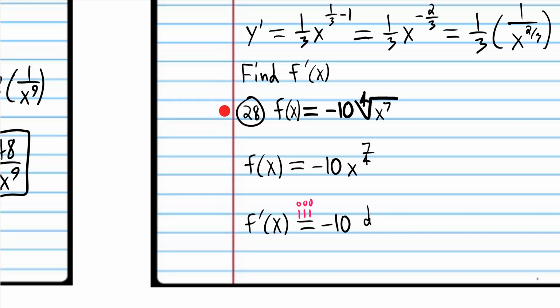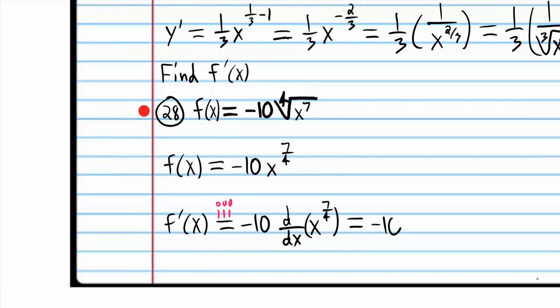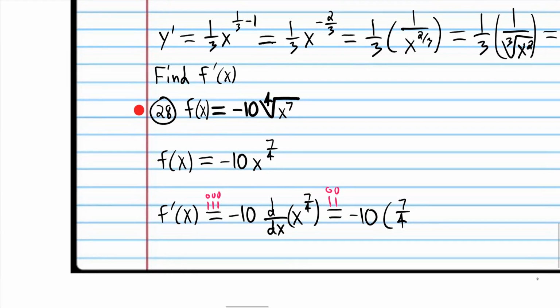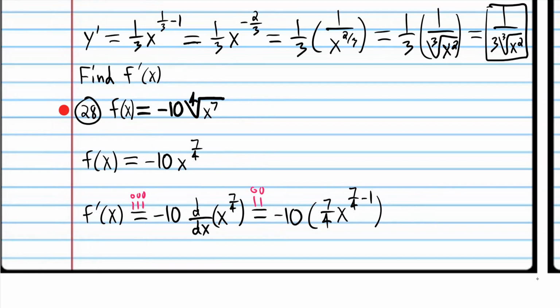So we get 10 times whatever the derivative of that function is. And to find the derivative of that function, we have to use the power rule, so we bring the exponent down in front. And we subtract 1 from the exponent to find our new exponent.